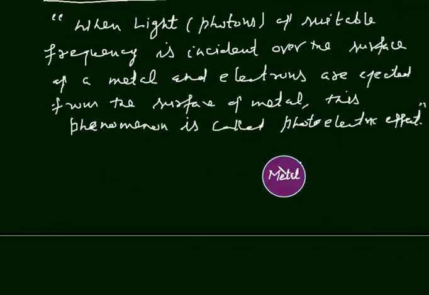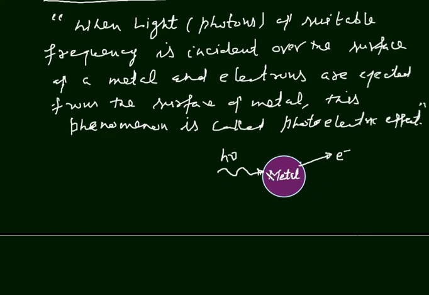Let this be some metal surface and the light is incident over it of frequency nu and energy h nu. And if electrons are ejected from the surface of this, then this is photoelectric effect.